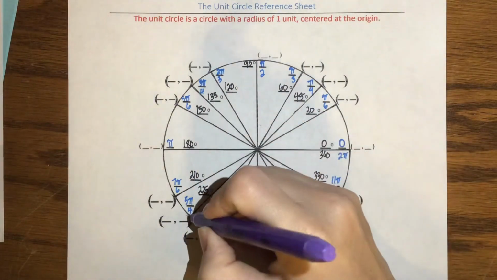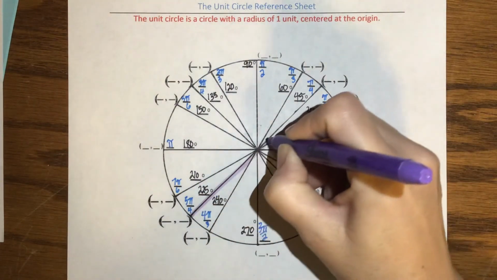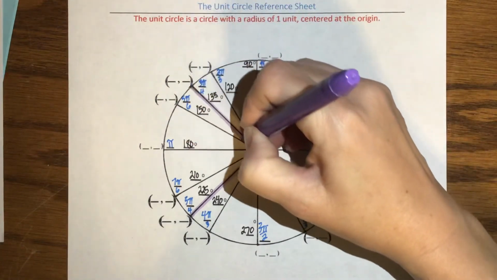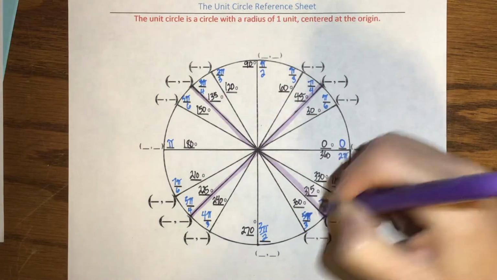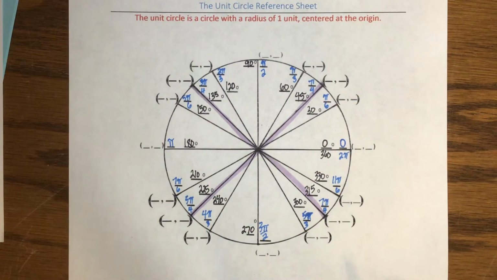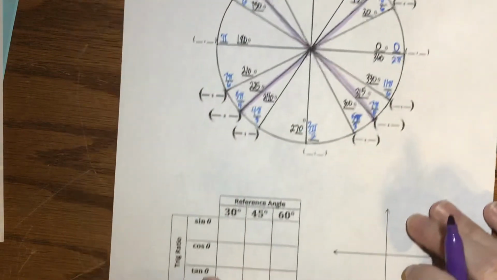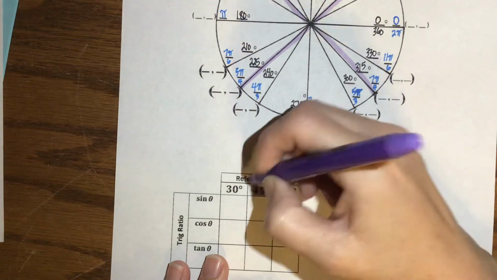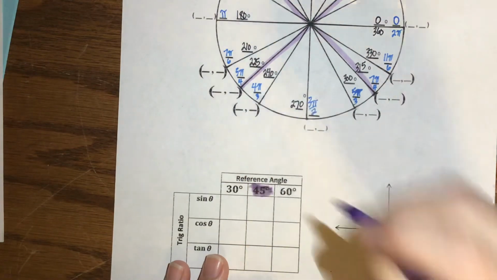I'm going to take all my angles, ignoring the quadrantal ones, that have that pi over 4 or that 45 degrees as a reference angle. I'm going to make those purple. And even though we're not going to use this yet, I'm going to go ahead and highlight this purple because we're going to use it later.